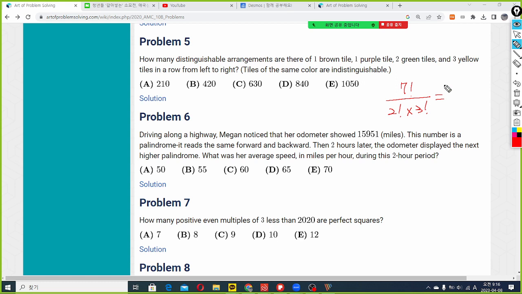Let's see. So actually, 3 factorial is 6. So it's like 7 times 5 factorial divided by 2 factorial. Because 2 factorial is 2 and 5 factorial is 120, it becomes 7 times 60. So 420 is the answer.